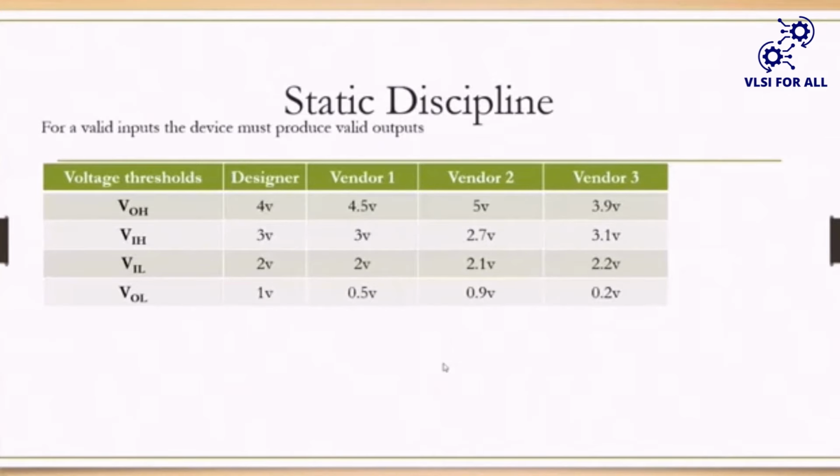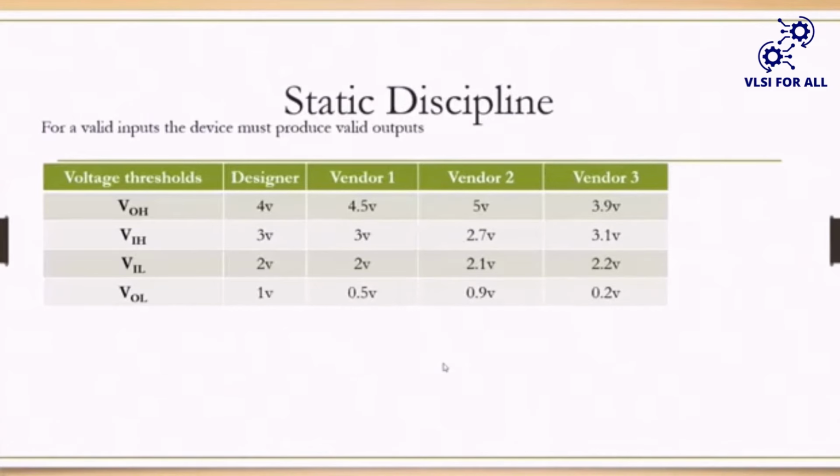Now take vendor 2. What is the vendor 2 noise margin? It is 1.3. Okay. What about vendor 3?